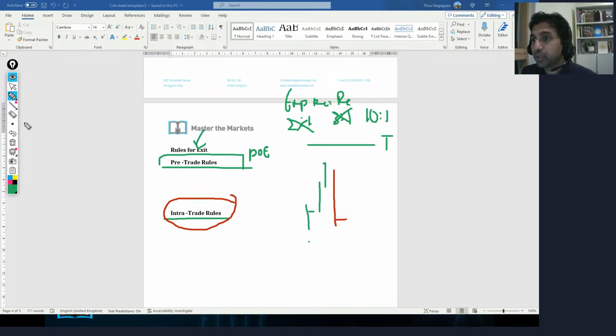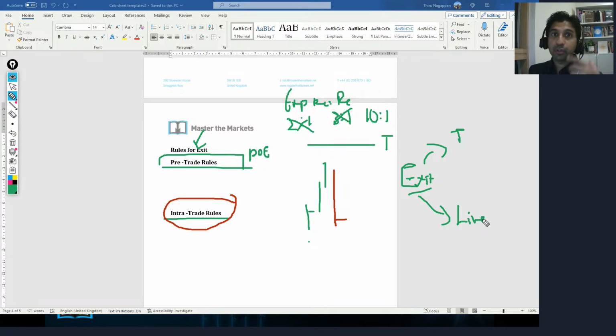That actually brings me to saying that in your exit rules, one part of it is your target rules, which is also part of your pre-trade before you enter the trade. What are your target rules? Are you going to place any trade target or not? The other type of exit is live exits, manual exits: are you going to intervene? In which scenarios are you going to intervene to exit the trade in real time?